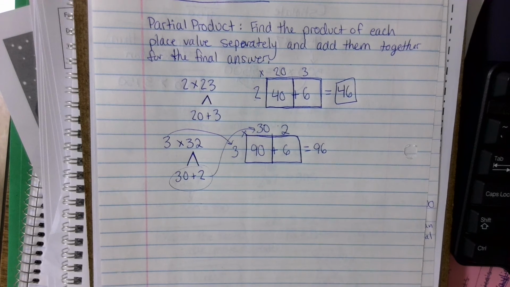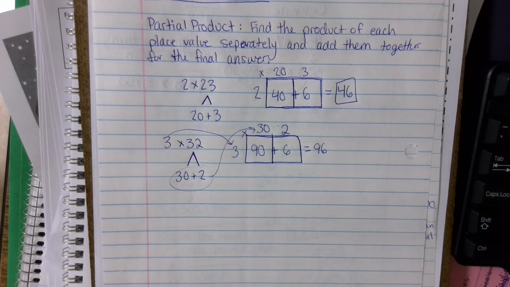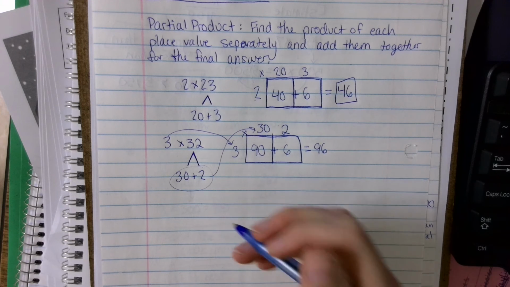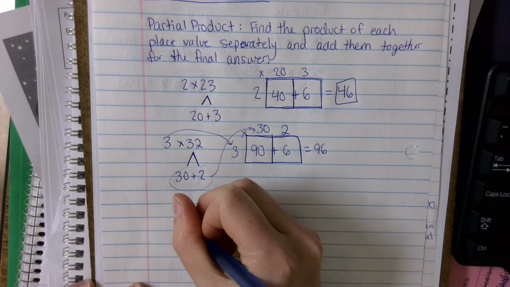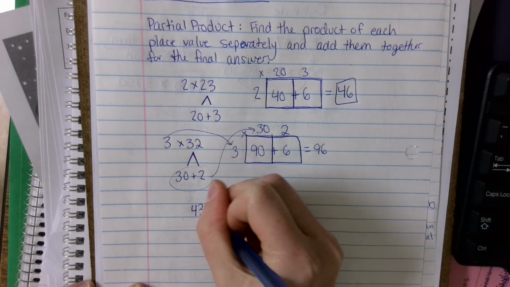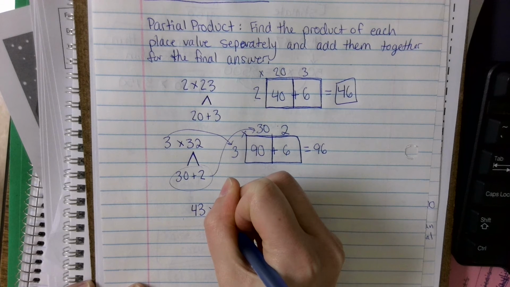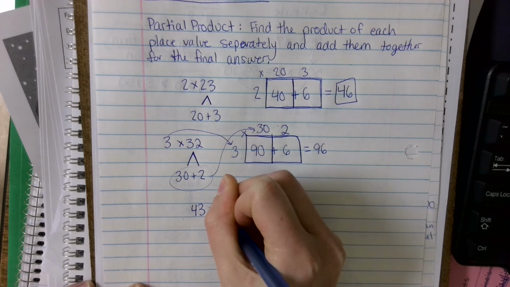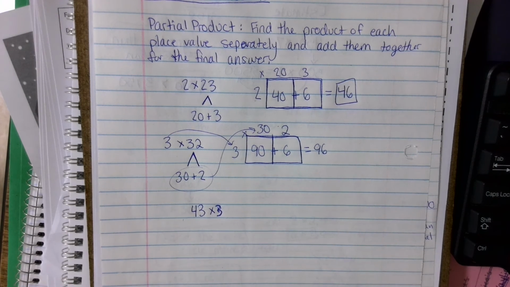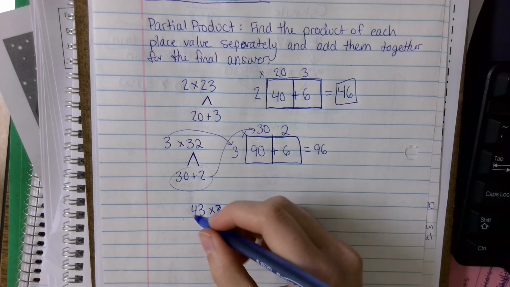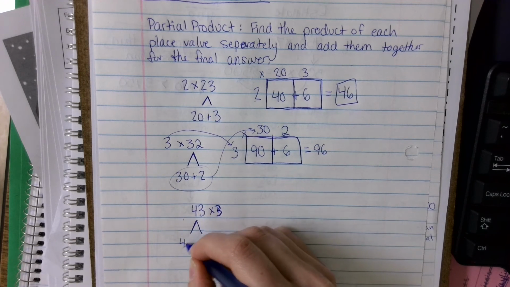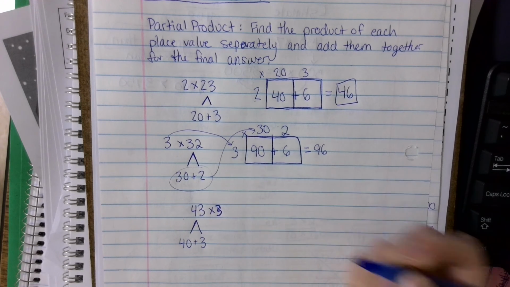What if we did... I'm thinking 43 times 3. I meant to put 3. 43 times 3. Ooh, this one's a toughie. Okay, so here's my biggest number. I'm going to split it up. 43 is 40 and 3.